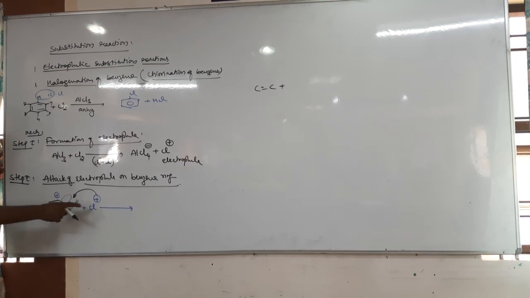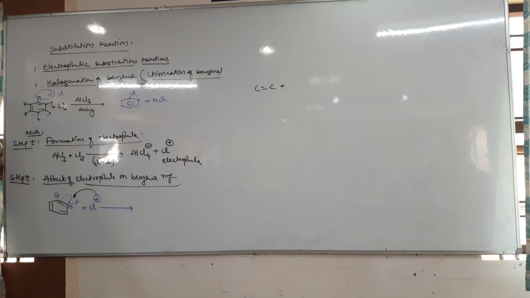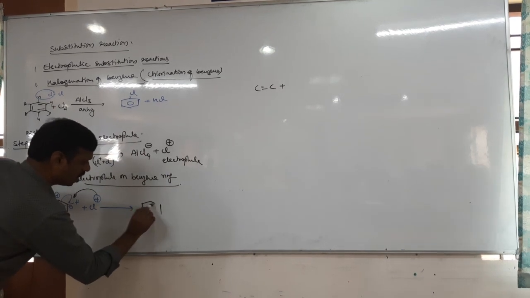Then, attack of electrophile on this carbon and shifting of electrons takes place on that same carbon, which is called +E effect. So you can also take it as an example for +E effect. Now tell me, what is the intermediate?